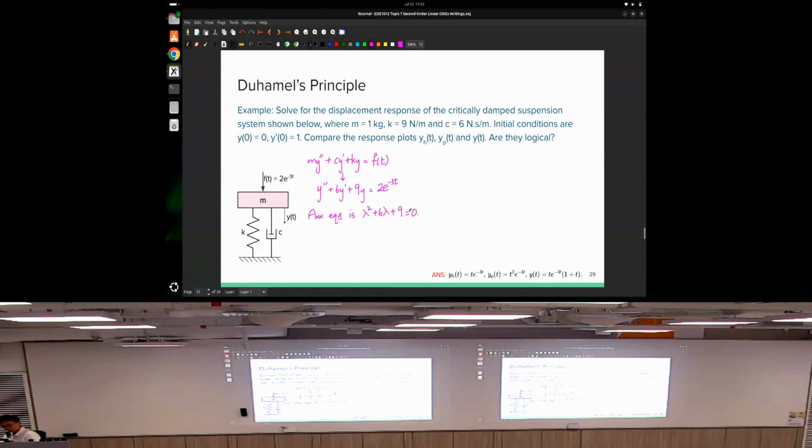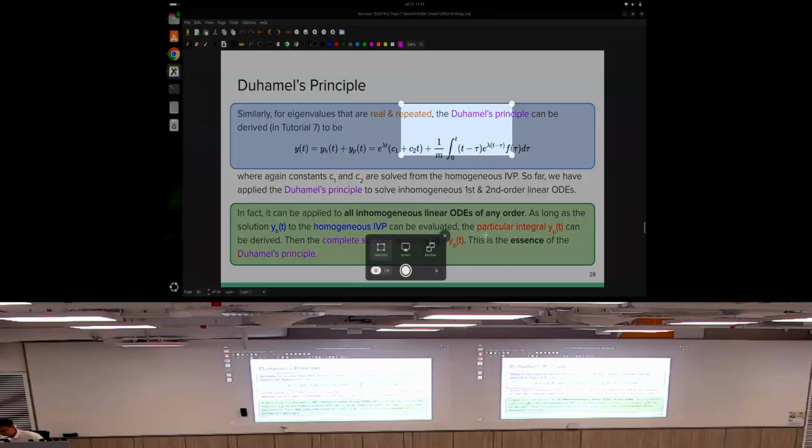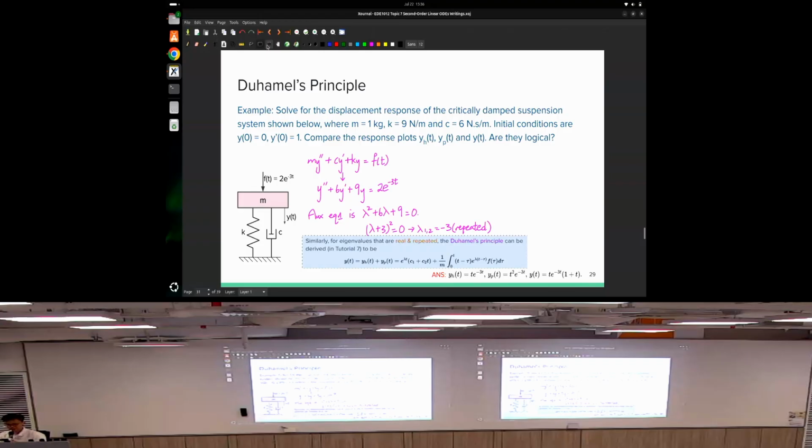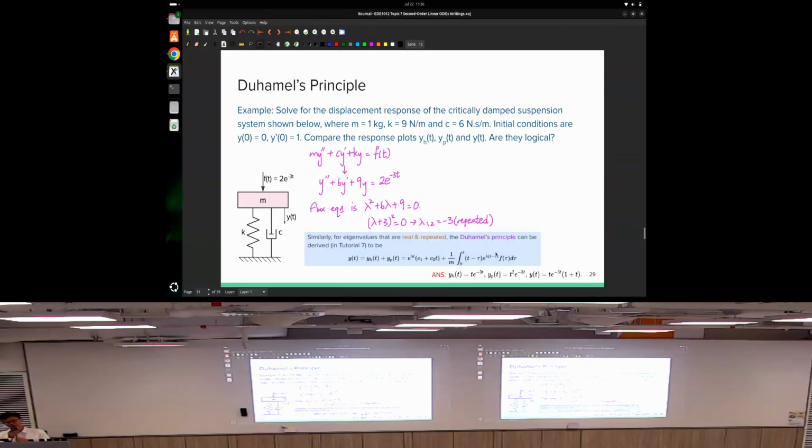This is just for getting the correct form, because the correct form of the solution depends on the type of eigenvalues. So this is lambda plus 3 squared, therefore lambda is repeated. Because it's repeated, you use the Duhamel's for repeated.